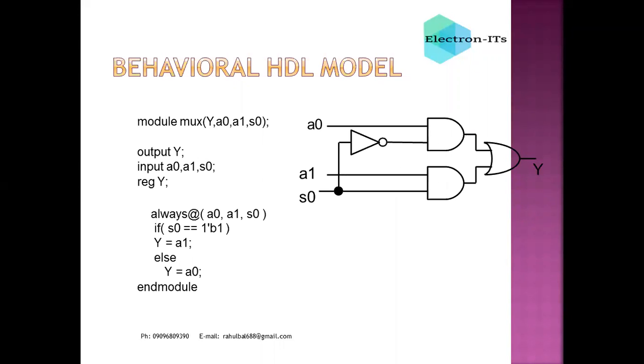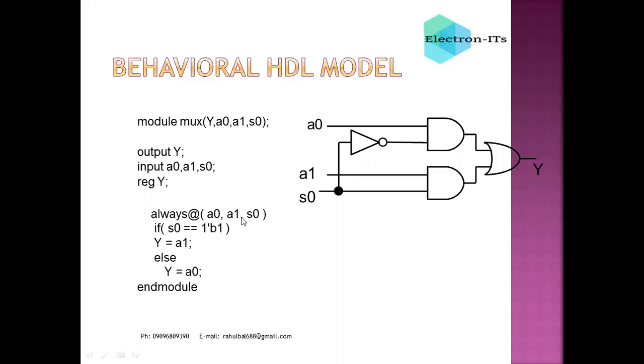Third is behavioral model. The functionality of the design is implemented in terms of algorithmic procedure representing the input to output relationship of design block. Behavioral models are developed using procedural HDL constructs. Generally, behavioral model uses the equations as well as sequential blocks like always at the rate.